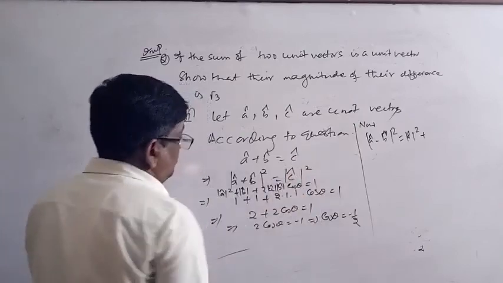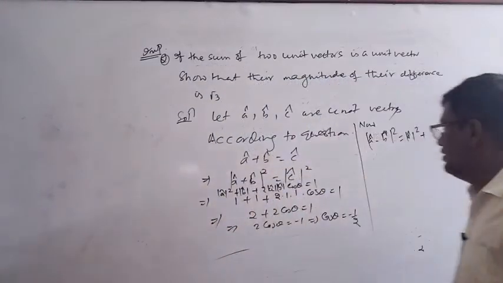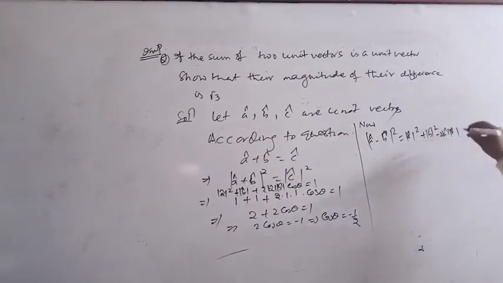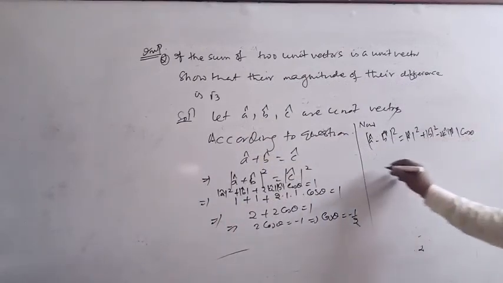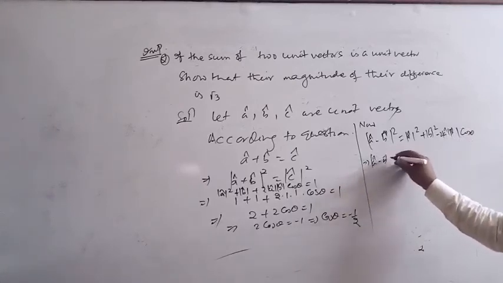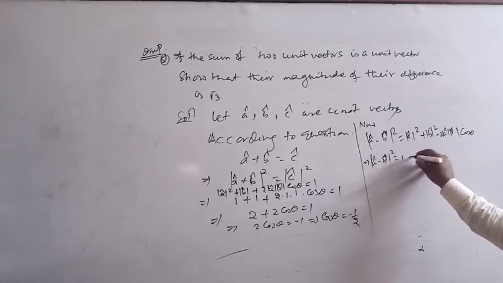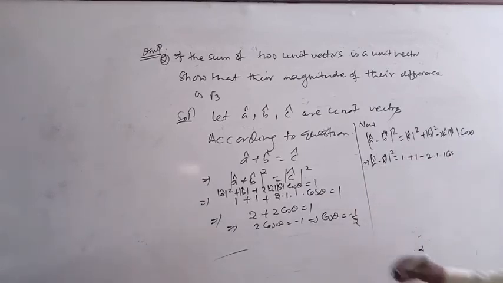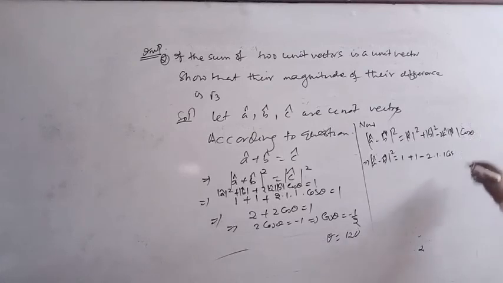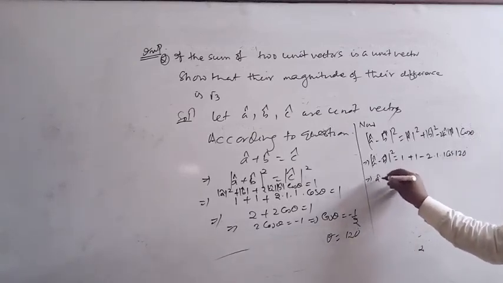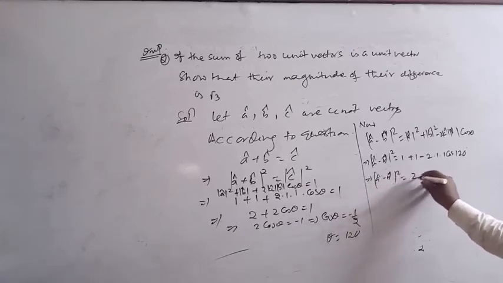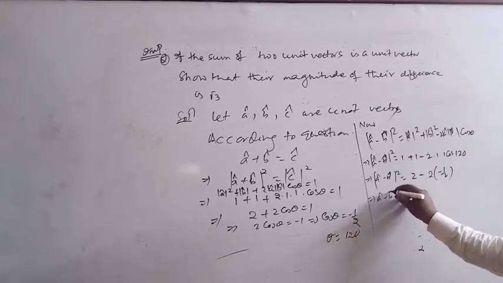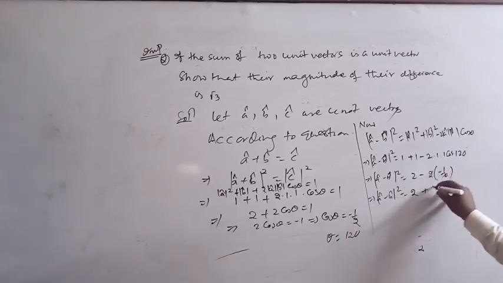The magnitude of a unit vector is 1, so this is 1 plus 1 minus 2 into 1 into 1 into cos theta, where theta is 120 degrees. So this is 2 minus 2 into minus 1 by 2, which is 2 plus 1, that is 3.